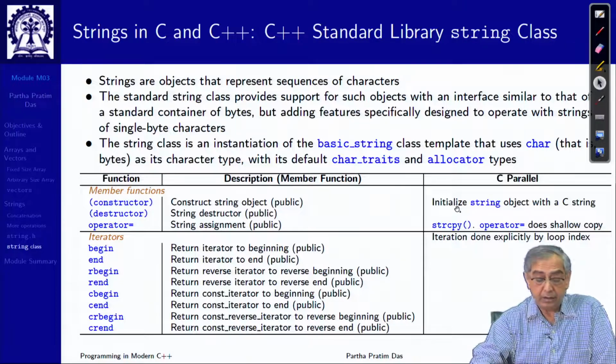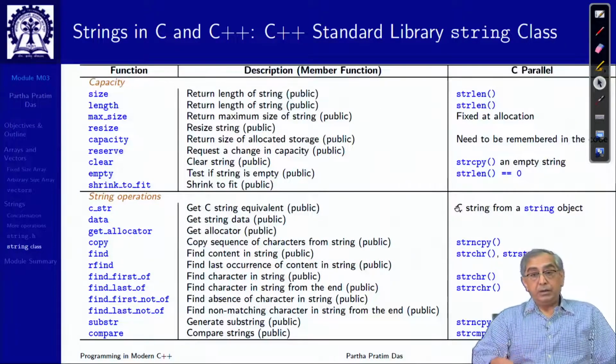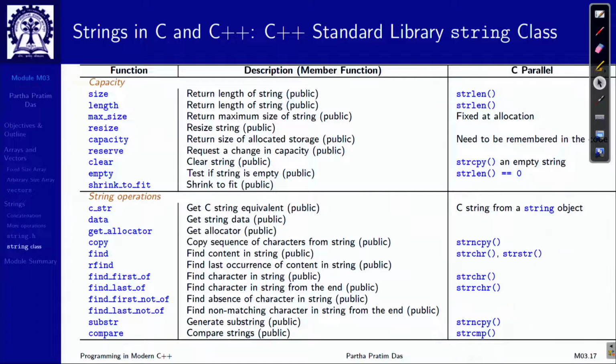Okay. So, there are some more things the string type has, and in the rightmost column, which is something you will typically not find in regular documentation, I have tried to map the corresponding C function in string.h wherever there is one.